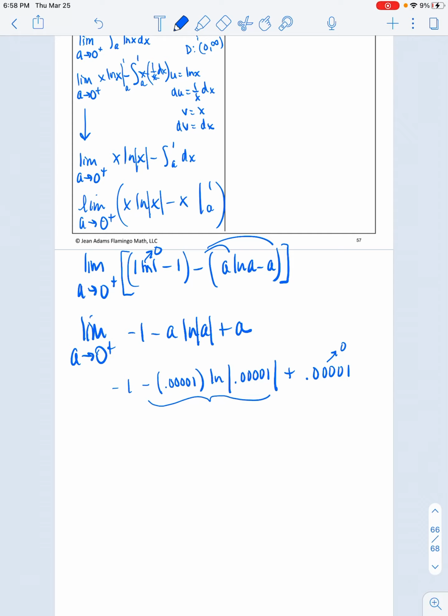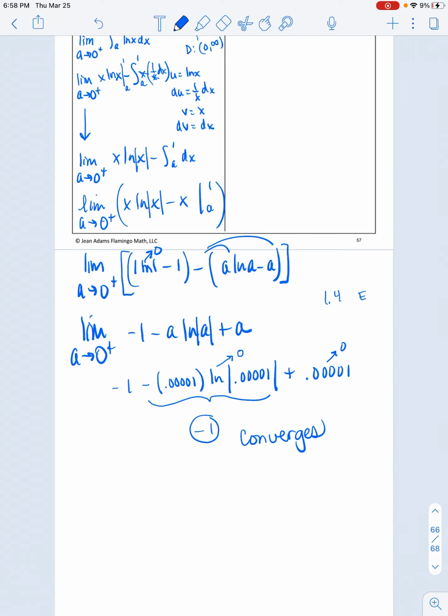But the one that kind of is weird is this one. So if you put this in your calculator, you will see that this one is approaching 0. And what ends up happening is this thing ends up converging to negative 1. Okay, so go ahead and put that in your calculator and look to see what that value actually does. You should see that it's going to 0.